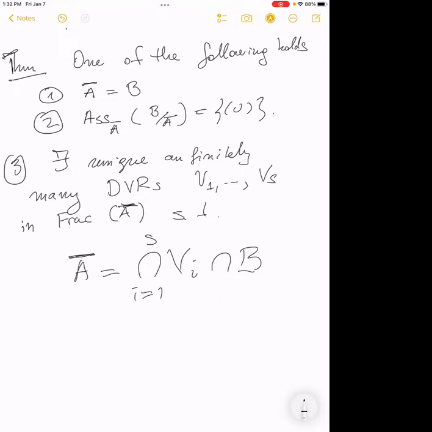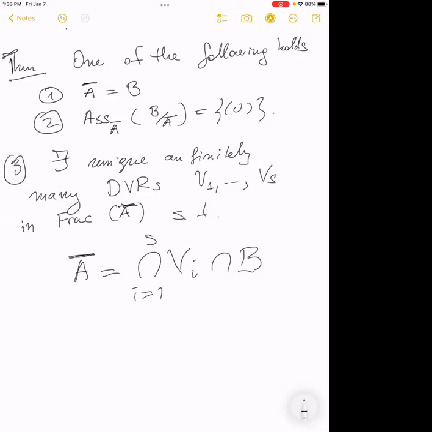Well, this is the analog of the Krull-Serre result, but the main difference here is the finiteness of the valuations. So in the previous setting, when we considered the normalization in the field of fractions, it will almost always be the case that you will need infinitely many valuations.